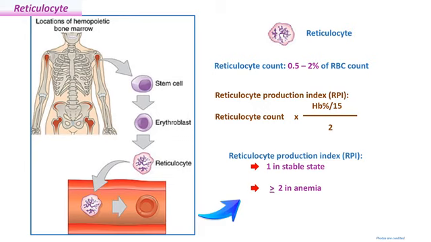In stable state, the reticulocyte production index is 1. But in anemia, when the bone marrow is hyperactive, it is usually 2 or more. So it is better to depend upon the reticulocyte production index instead of the reticulocyte count.